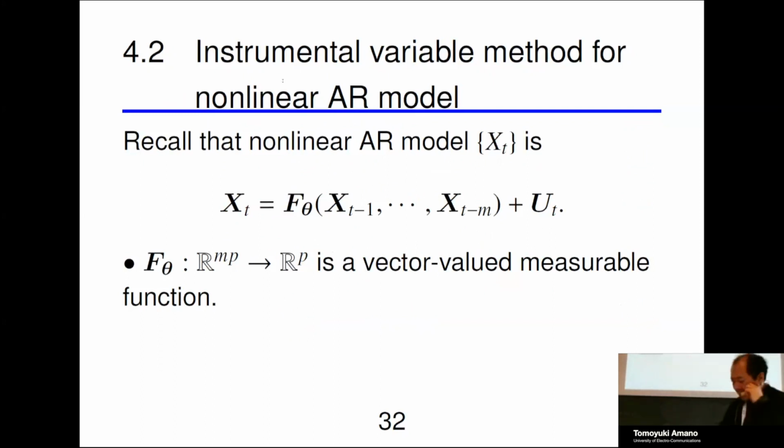Next, we apply this instrument variable method to our nonlinear AR model. Please recall that the nonlinear AR model is this. And we assume f theta is a vector-valued measurable function.